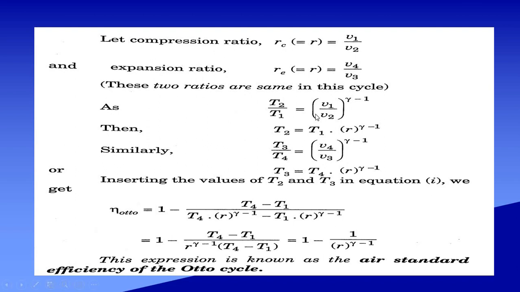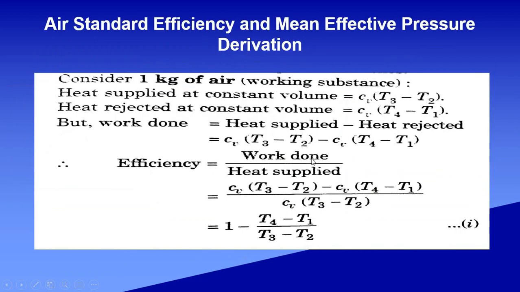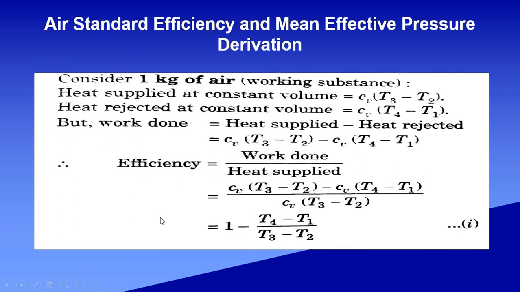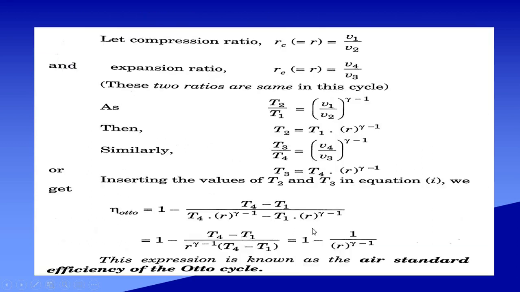Here you are going to write the air standard efficiency in terms of the compression ratio. In that you have volume ratios, and in case of efficiency with respect to temperature you have T. So you have to make T1, T4, T3 or T2 in terms of V, and then simplify.